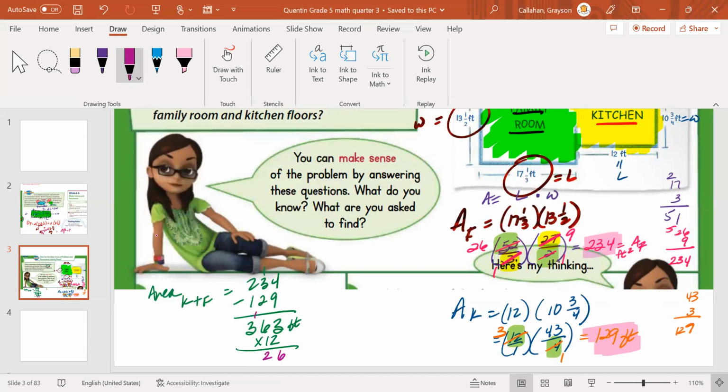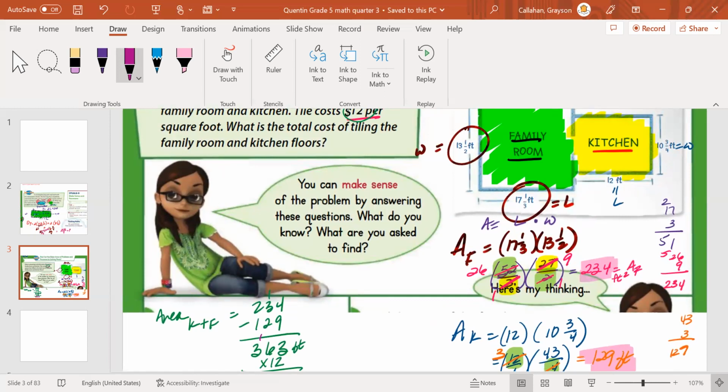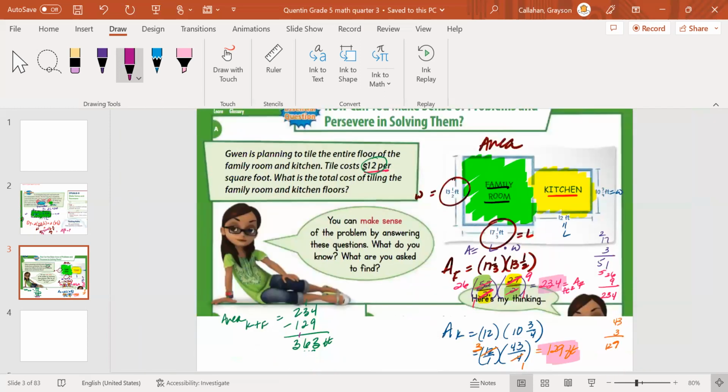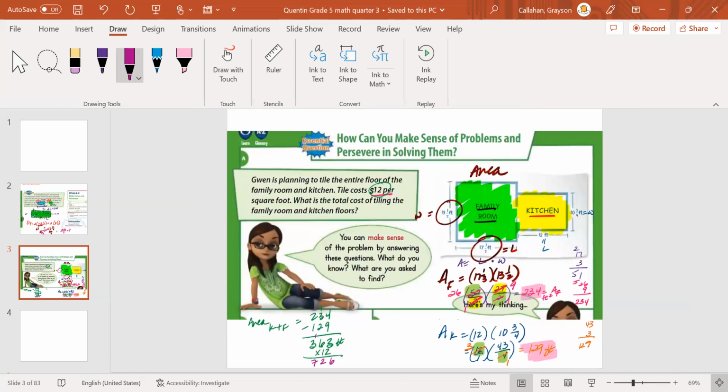So 363 times 12 is $4,356. That's a lot of money, right?